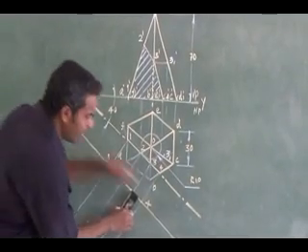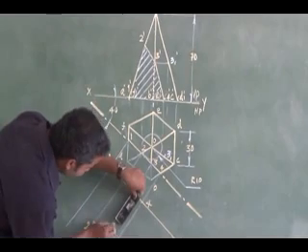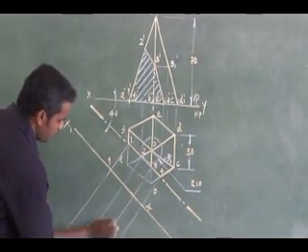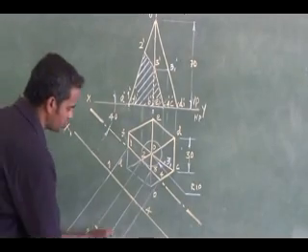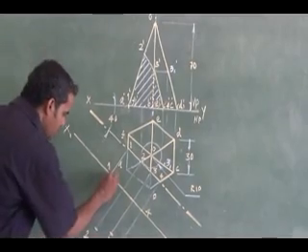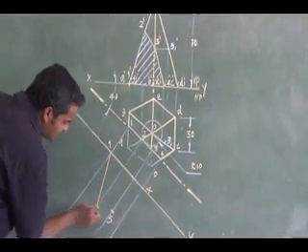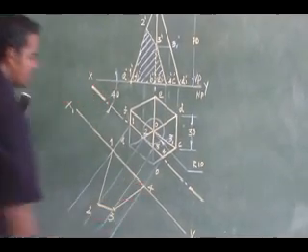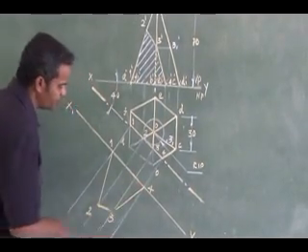On that projector, from the new reference line, you mark that distance. Actually 2 and 3 are coming very close. By joining these with straight lines, this will be my true shape of section.